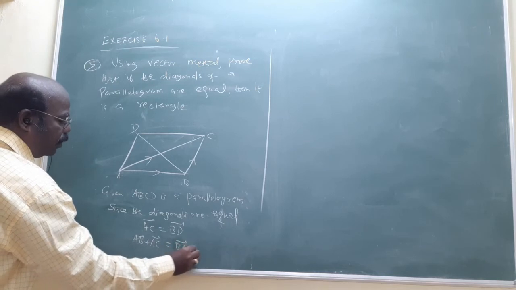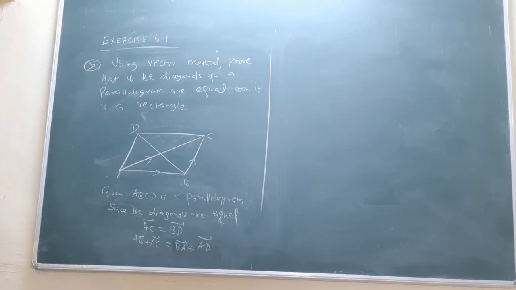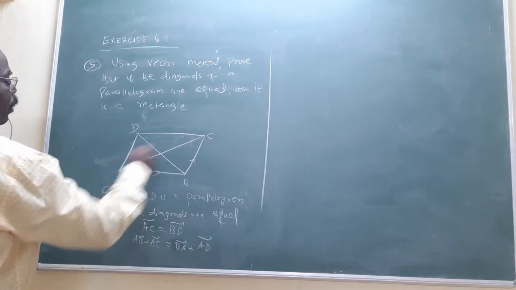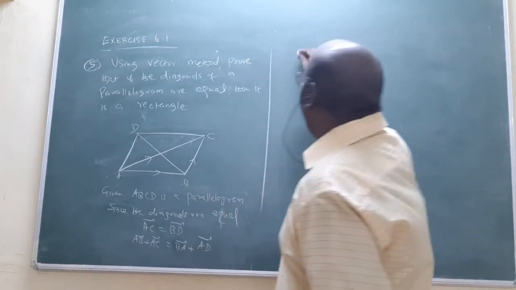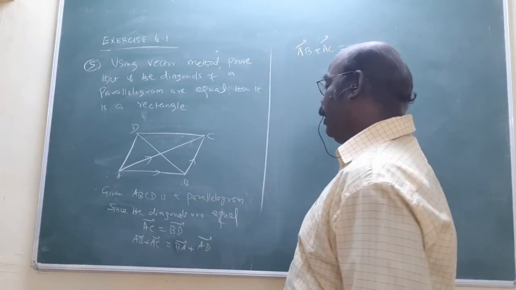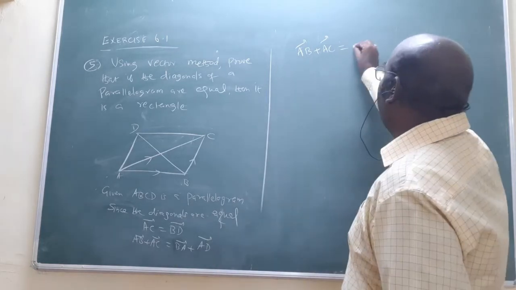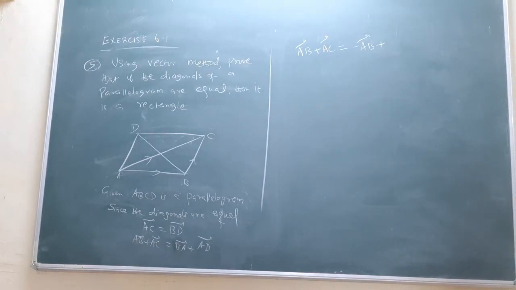Now this AD and the BC will be equal because the opposite sides are equal. Now, AB plus BC, here the BA can be written as minus AB vector. Am I right? Then AD equals BC. Am I correct?